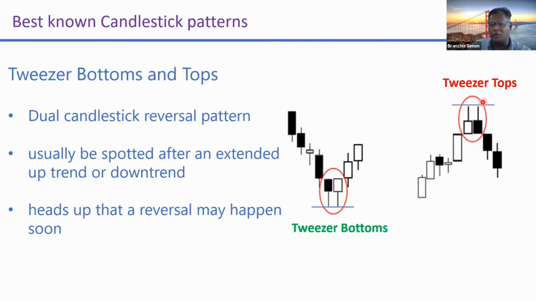Normally this is called the resistance area, while the other is the support area. So when the market tests the resistance area and couldn't break, and the next day the market again retests the same level, still not successful, then the following day the market falls down.